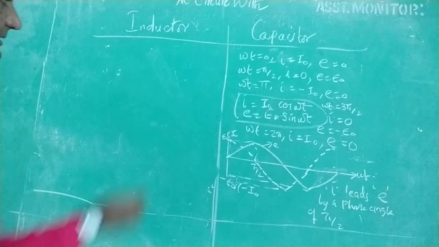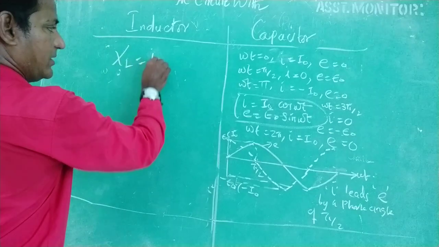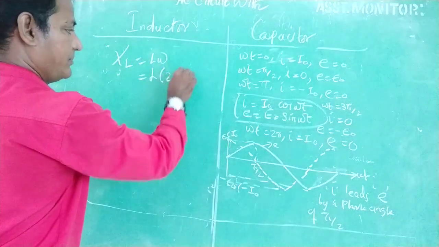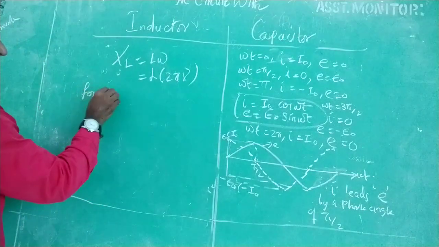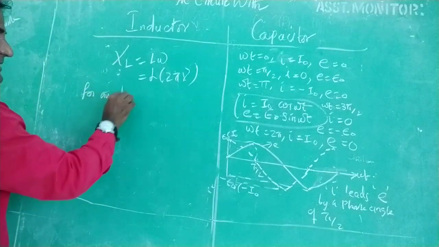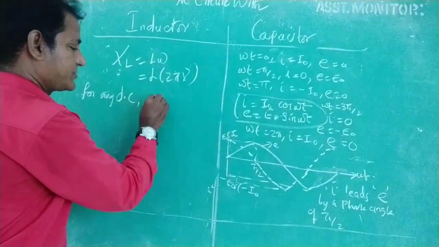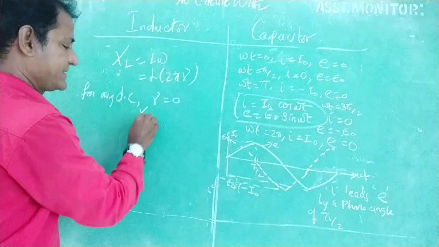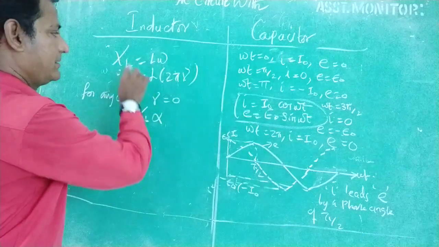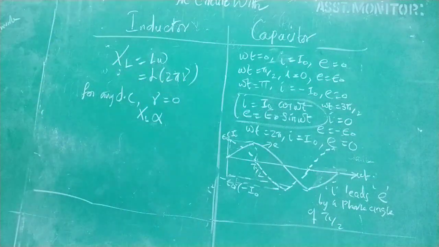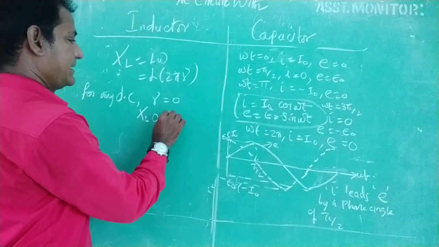So we know that XL is equal to L omega, where omega is the angular frequency, so L into 2 pi nu. Actually, for any DC circuit, that is direct current circuit, there is no frequency, so XL will be always directly proportional to the frequency, right?